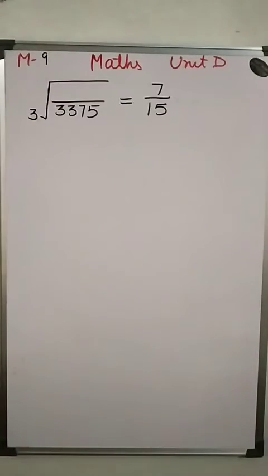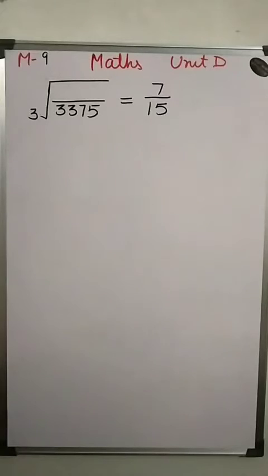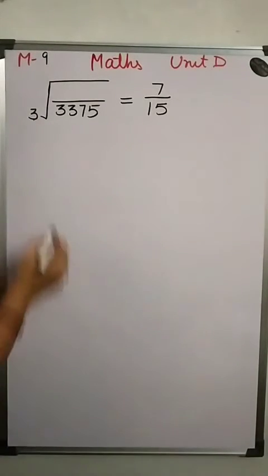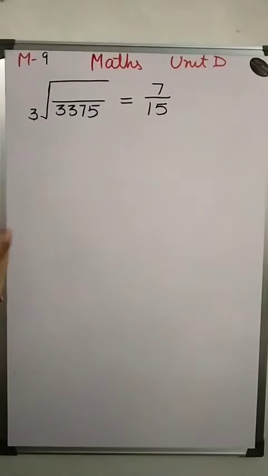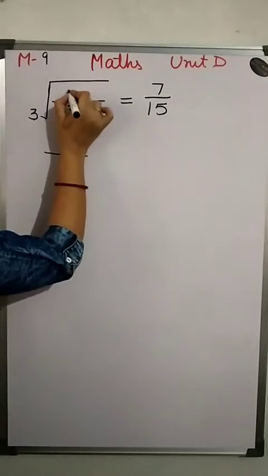Now the next question is from module number 9, and one blank space is given here, so you have to fill the space. The symbol of cube root is here. What is the meaning of this? Suppose I put here x.